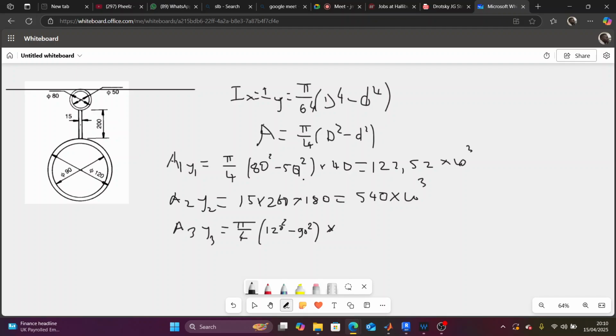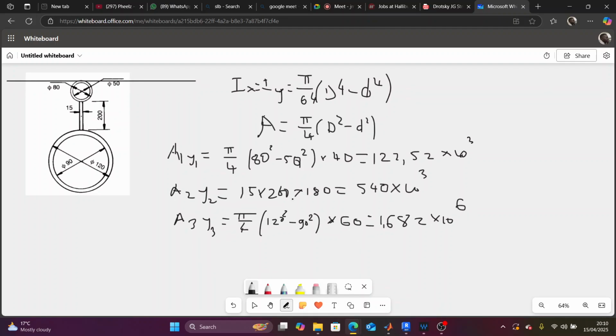What is the answer? It's 1,682. 1 comma 682 times 10 to the power 6.